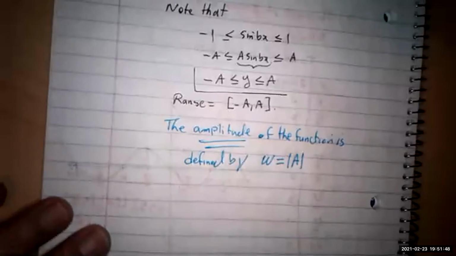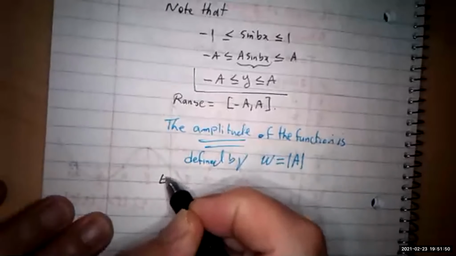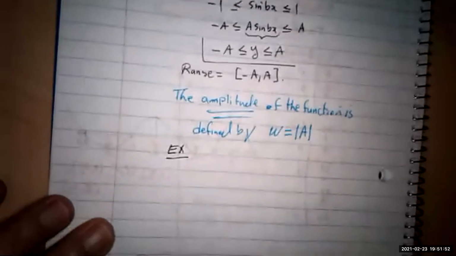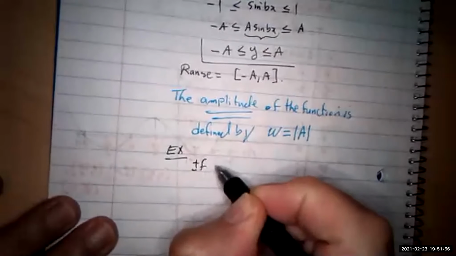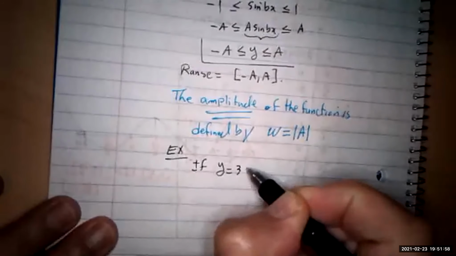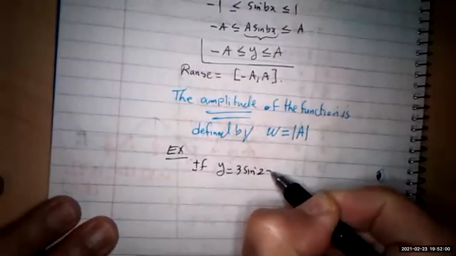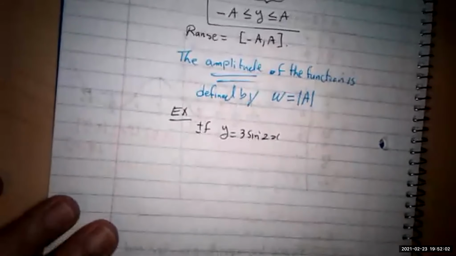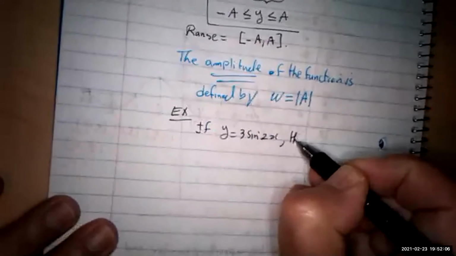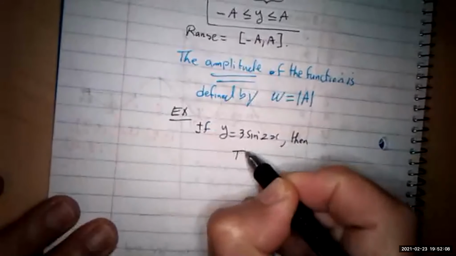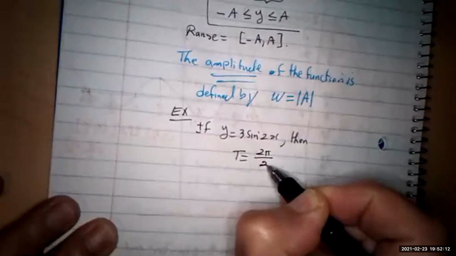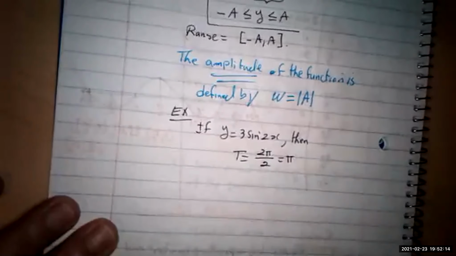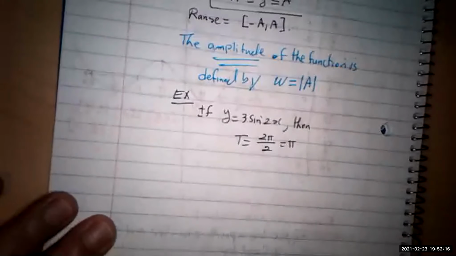For example, if y is equal to 3 sine of 2x, then the period of your function is going to be 2 pi over 2, which is equal to pi.